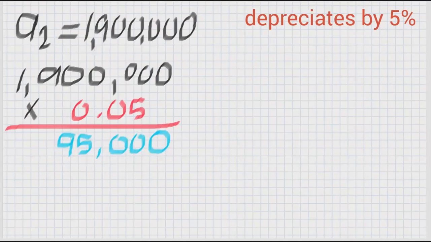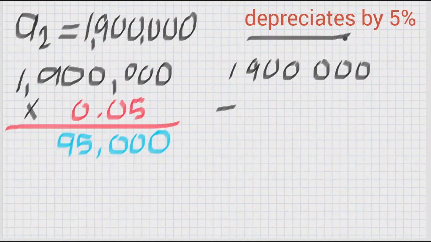So the second term decreases by 95,000. Therefore, to get the third term, let's subtract 95,000 from 1.9 million pesos.